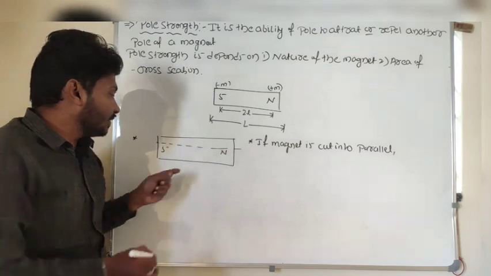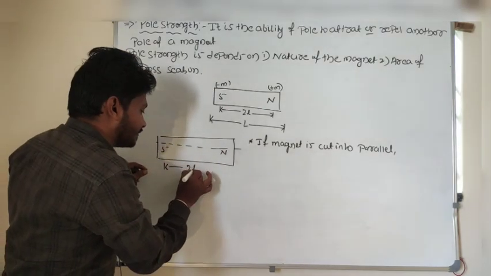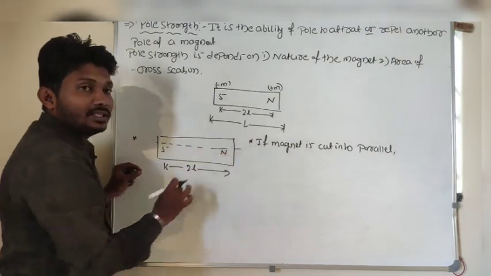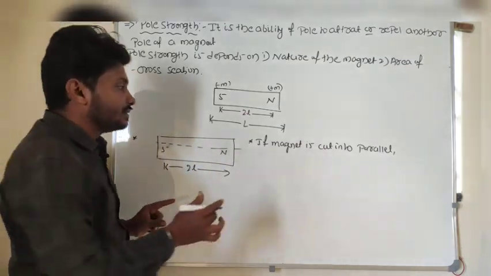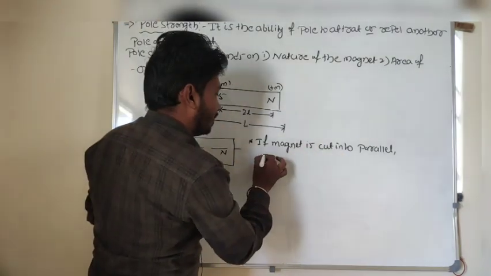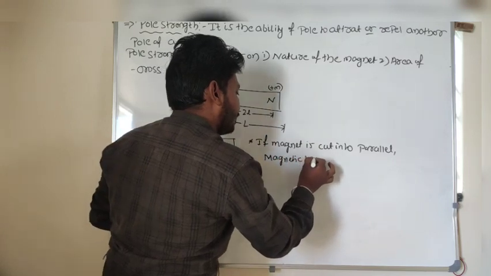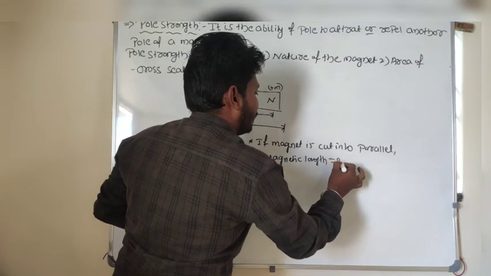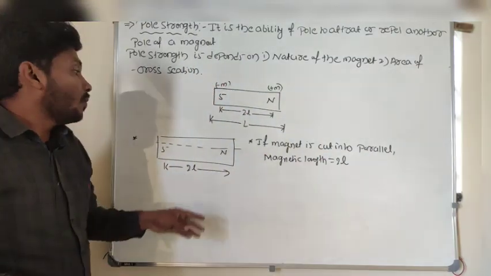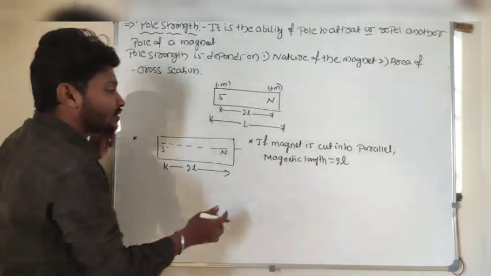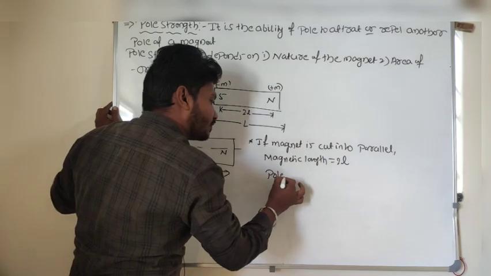If the magnet is cut parallel, the magnetic length remains the same, 2L only. But what about the magnetic pole strength, or simply the pole strength?